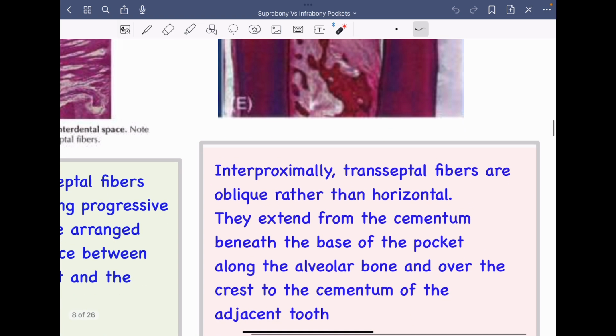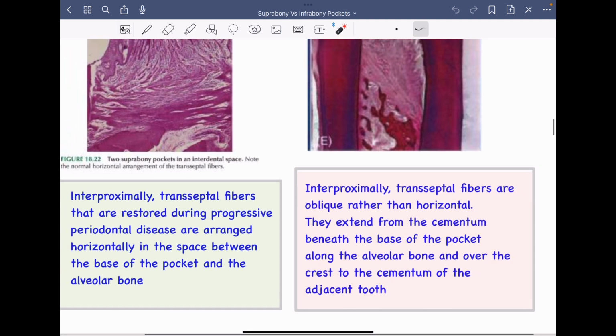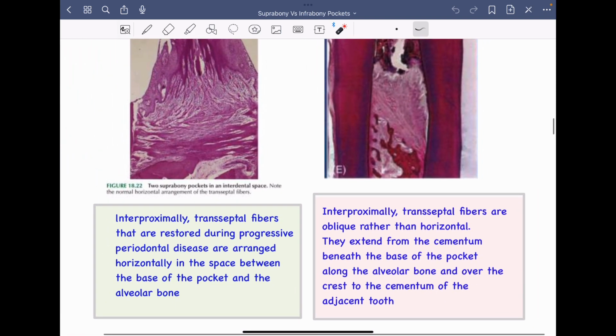These fibers extend from the cementum beneath the base of the pocket along the alveolar bone and over to the crest of cementum of the adjacent tooth. So the fashion of the fibers is horizontal in case of suprabony pockets, and in case of intrabony pockets it is oblique.